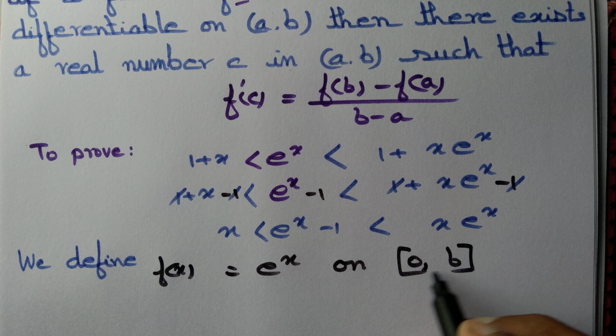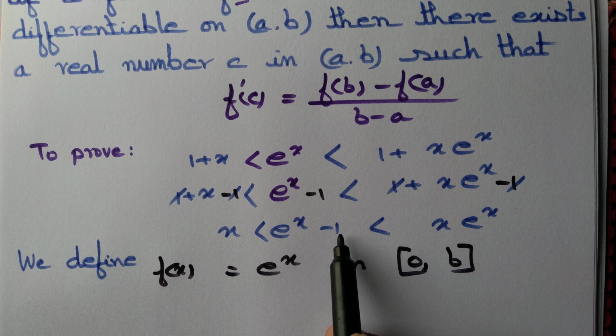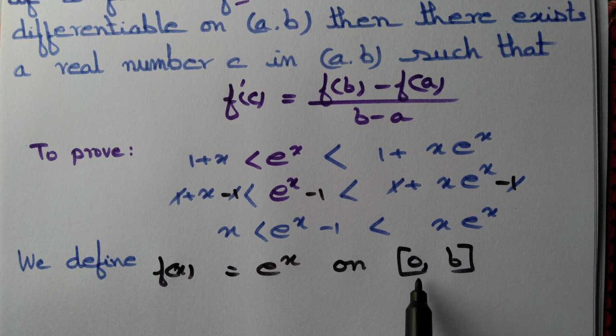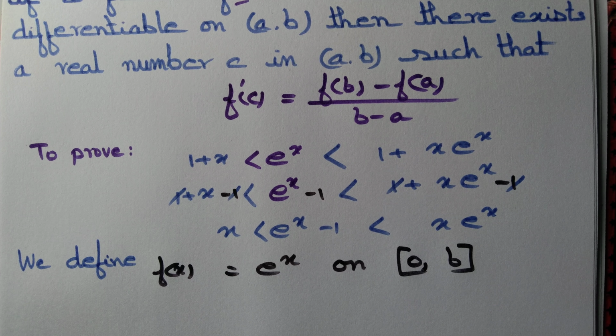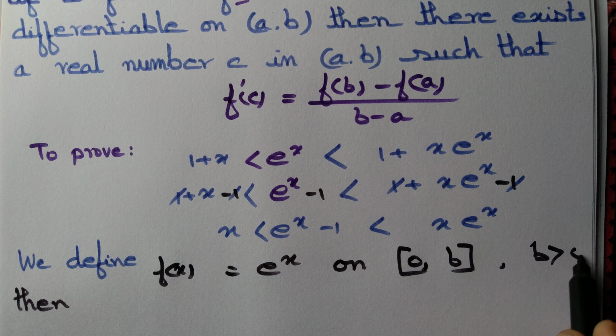Let's do it that way. f(0) is e to the power 0, which is 1. f(b) is e to the power b. We can replace b by x. Of course, b is greater than 0.